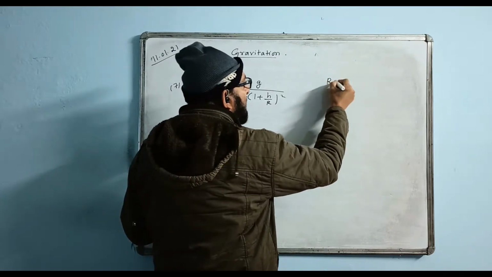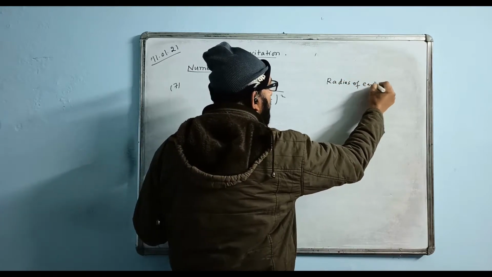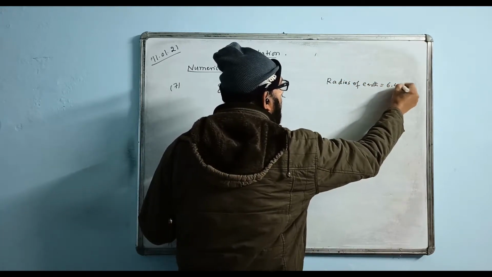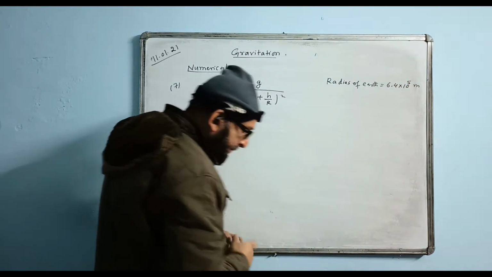We are given r, the radius of the earth. The radius of earth given is 6.4 into 10 to the power of 5 meter. This is the value given.